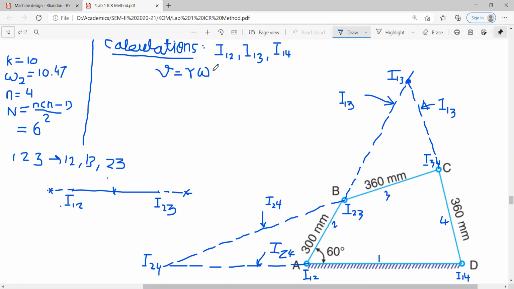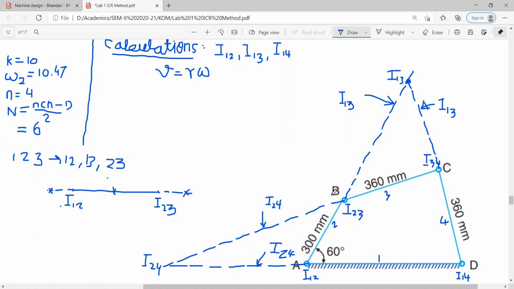So where to start from? Always start from the link of which some data is given. For example, here you can see that angular velocity of link 2 is given. लिंक 2 का एंगुलर वेलोसिटी दिया है, कितना है 10.47 रेडियन पर सेकेंड. सो वी कैन स्टार्ट विद द फाइंडिंग द वेलोसिटीज ऑन लिंक 2. लिंक 2, लिंक AB का एंगुलर वेलोसिटी हमें पता है.